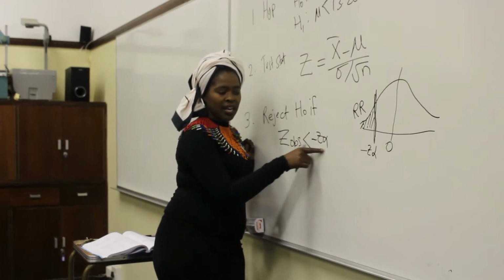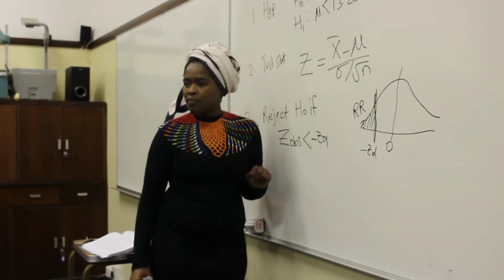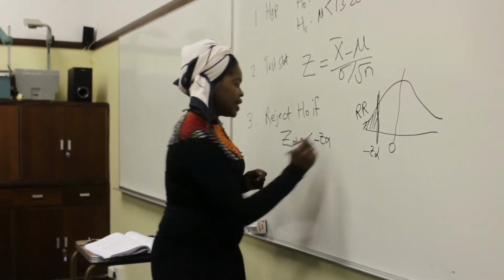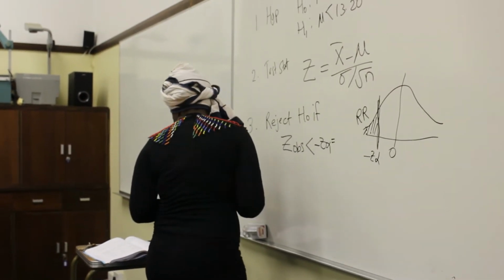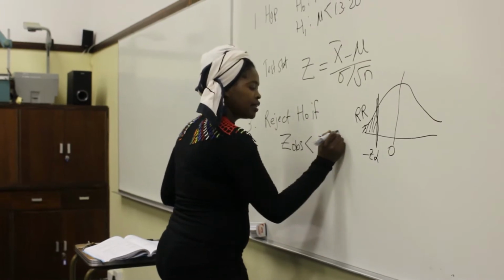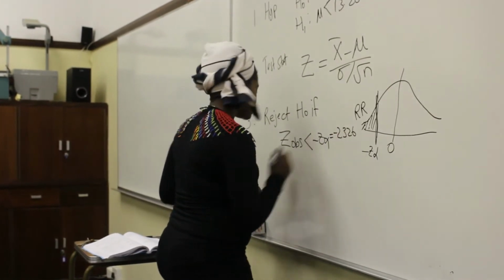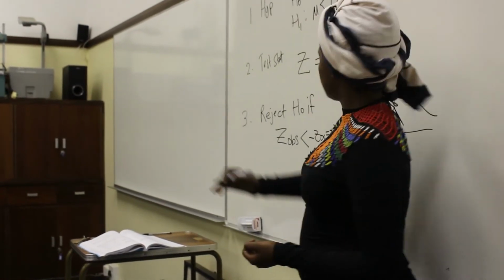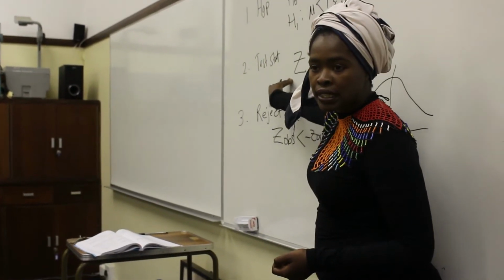Then I go check minus Z of alpha in my table, right? That's the rejection region. In their case, they said minus Z of alpha is actually minus 2.326.